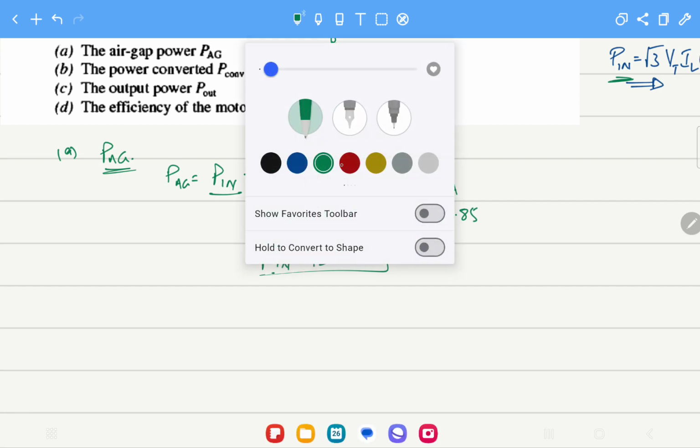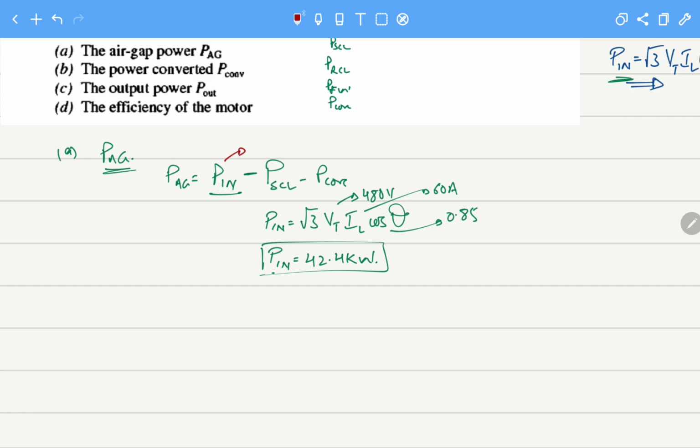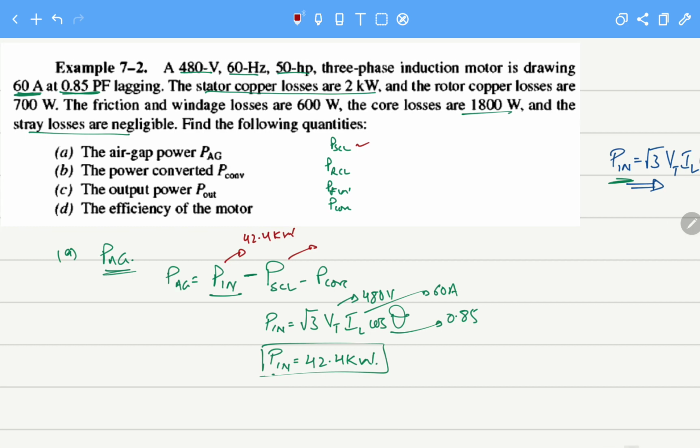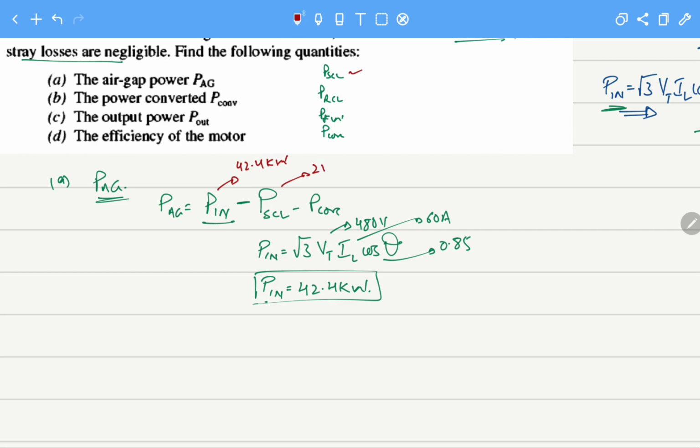So if you look here, this is 42.4 kilowatts. Have they given us stator copper losses? Yes, they have. This is 2000 watts or 2 kilowatts. Have they given us the core losses? Yes, they have also given us the core losses. It is 1.8 kilowatts.